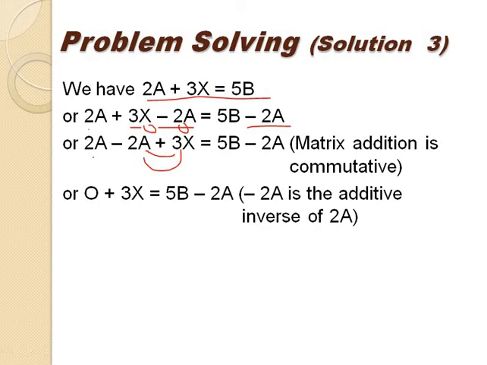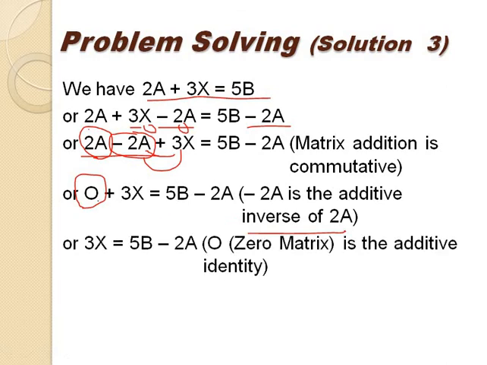Next step, since 2A and -2A are additive inverses, what will happen? If we add these two, we will get O, that is the 0 matrix. Rest are the same.